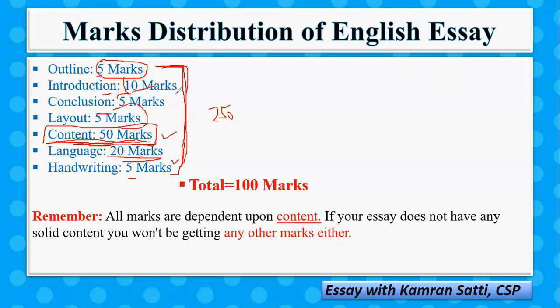If you're not able to impress the examiner with these two things, he might not turn to the next page. So these marking guidelines should be thought of in a very interconnected way.